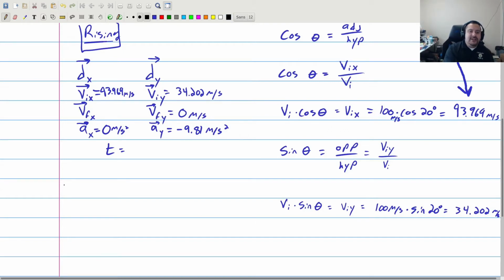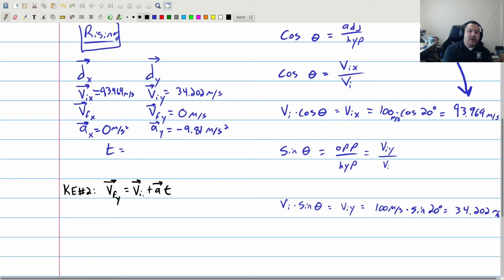That sounds to me like kinematic equation number 2, which says v final equals v initial plus a times t. These are all vectors. And to remind myself that I cannot mix these, since I have 3 things in the y direction but only 2 in the x direction, I can only use the y direction to solve this problem right now. So this is going to have to be applied in the y direction.